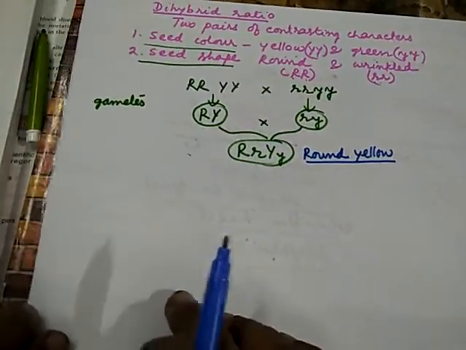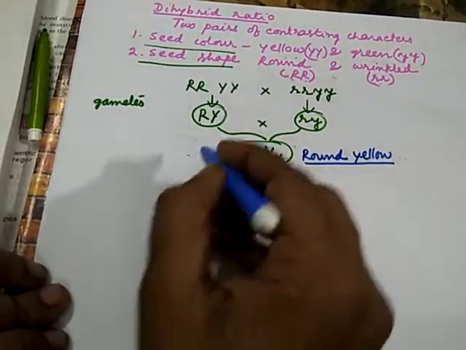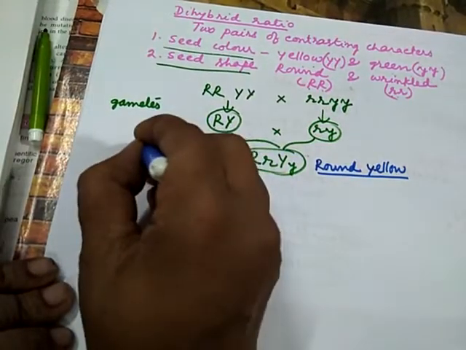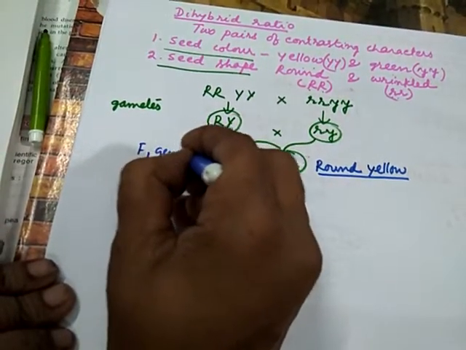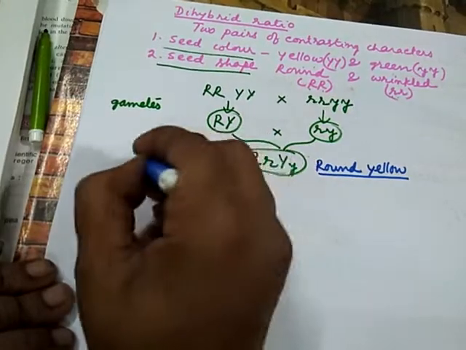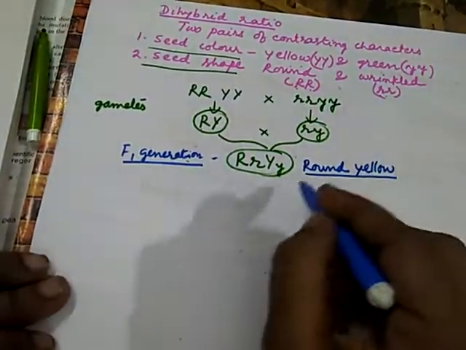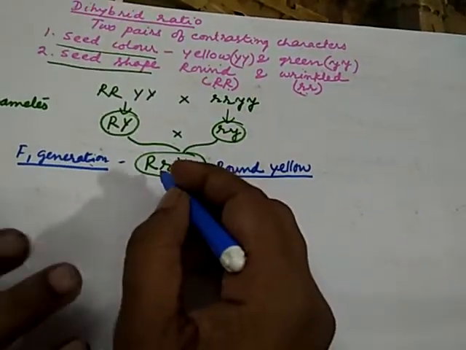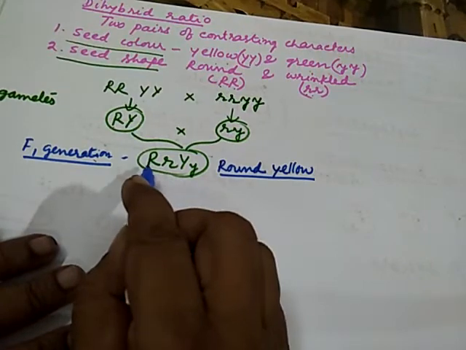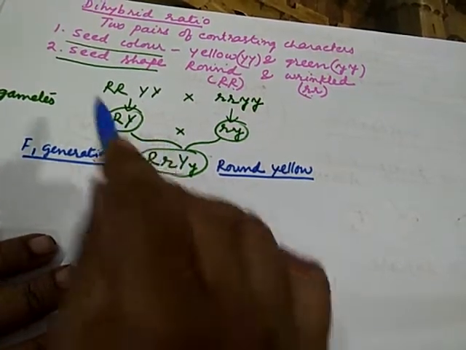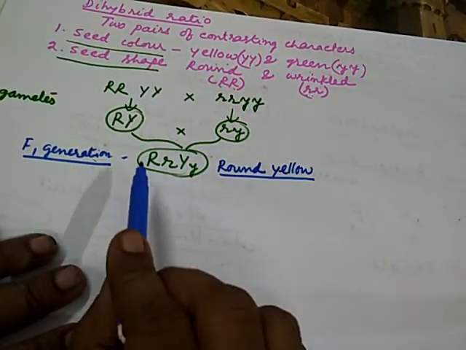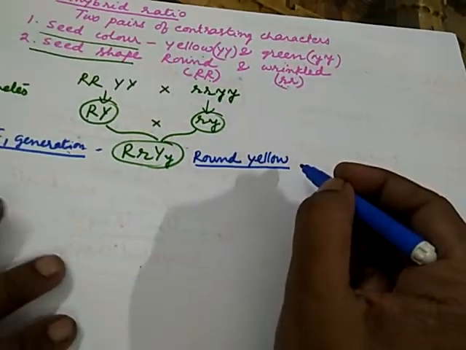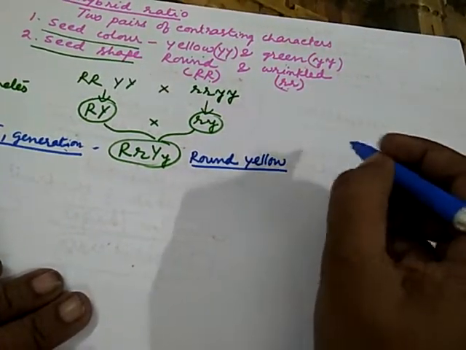Now this is allowed for the F1 generation, containing the zygote like this, round yellow heterozygous. Now this one forms the gametes. Each gamete will show both the characters, seed color and seed shape. In which way can we arrange this?